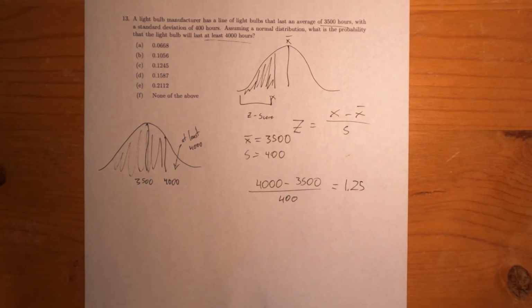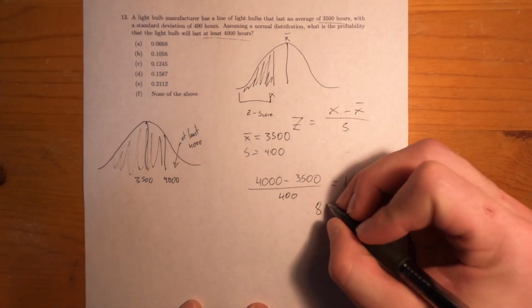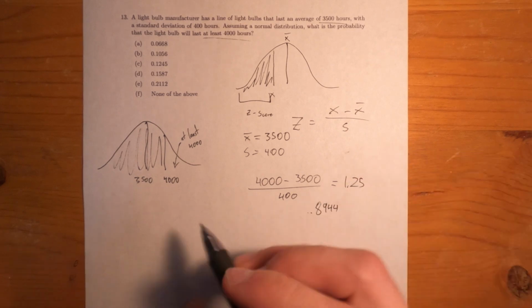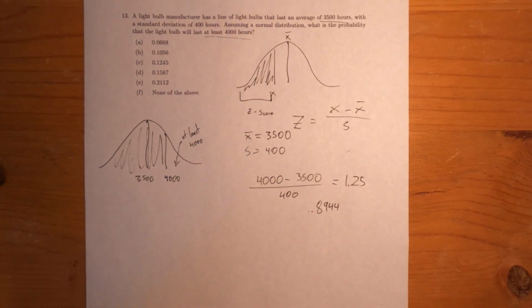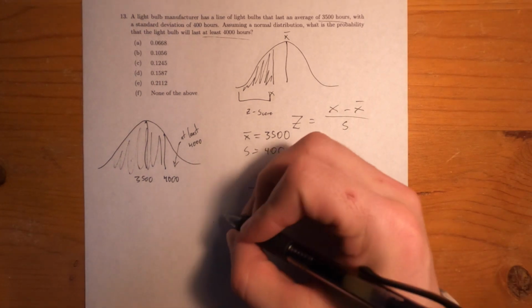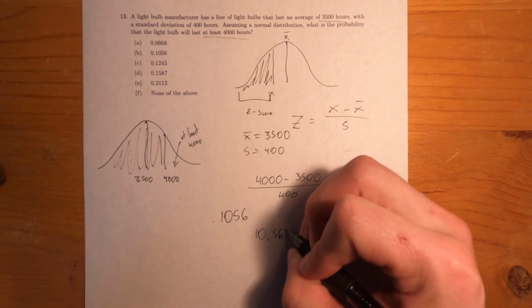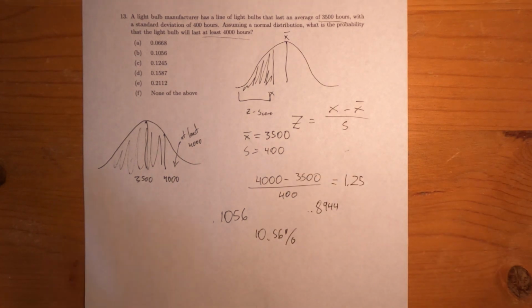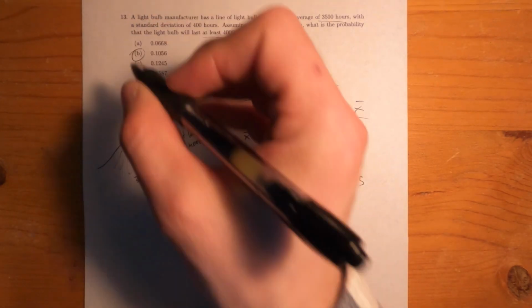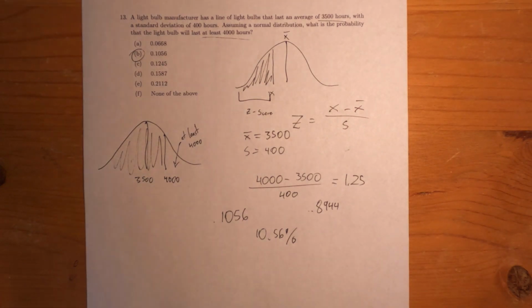We plug that into the z-score table, which will be given on your test, and that gives us a value of 0.8944. Remember, that is the area to the left. We need the area to the right, so we do 1 minus 0.8944 and get 0.1056. So 10.56% of light bulbs would last that long or longer.